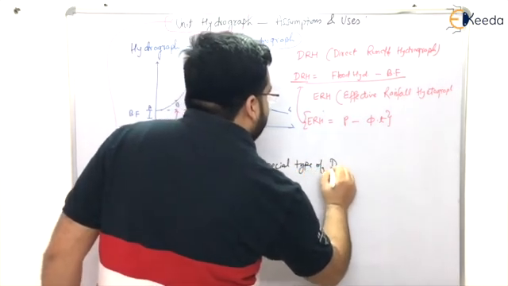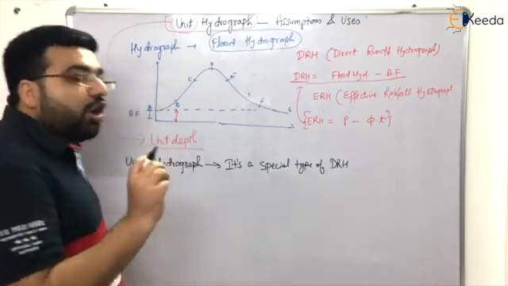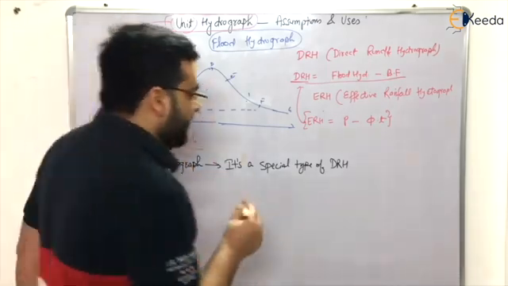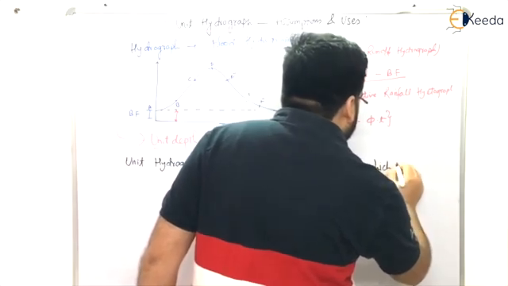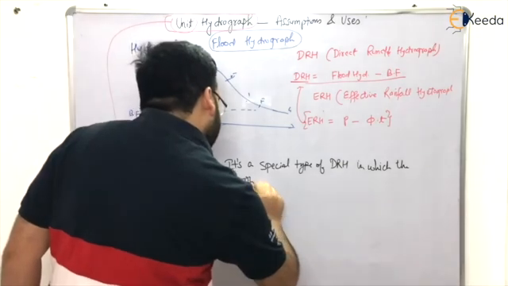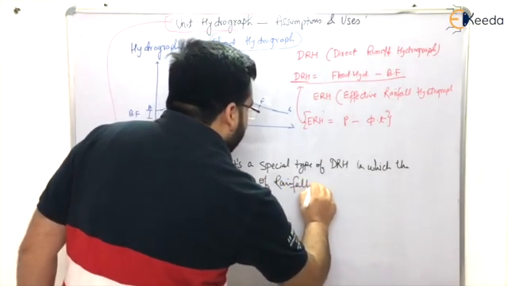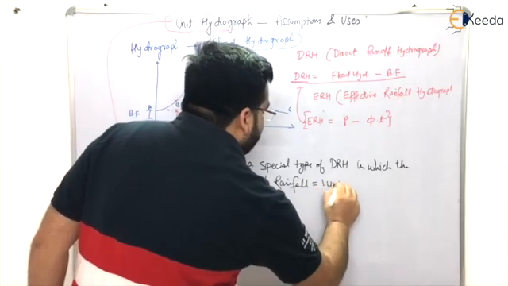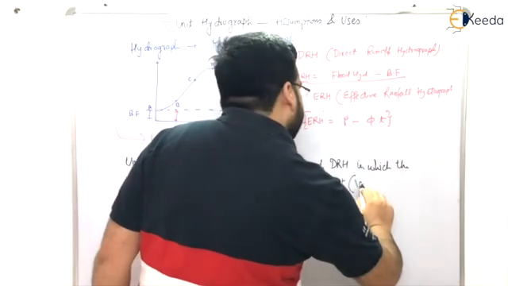in which the depth of rainfall is 1 unit. Generally it is 1 centimeter. It can be 1 mm also, but generally 1 centimeter.